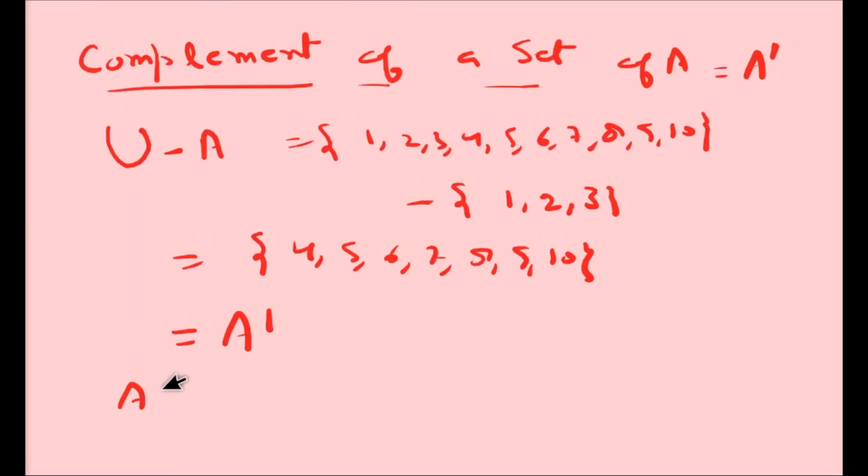So A dash of dash, this will be minus from U, then we will find A. So A dash of dash is A. Okay students, so this way we have learned union, intersection, difference, symmetric difference, power set and complement of set A. Are you understanding? So students, go through the next point.